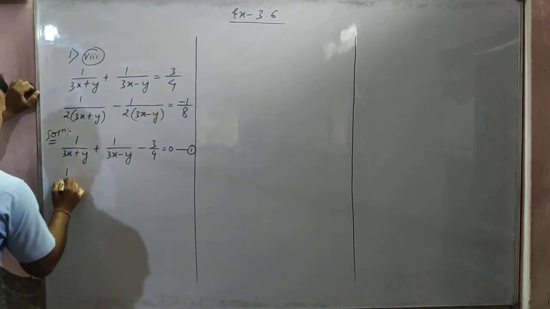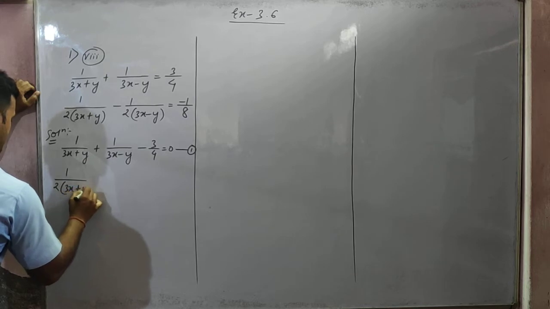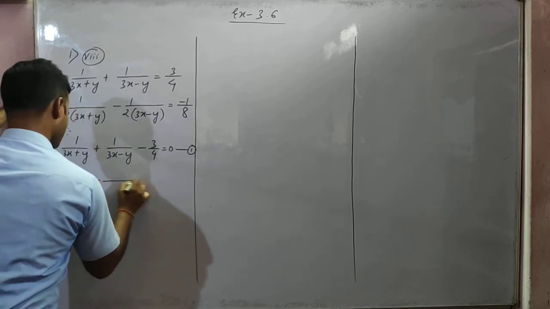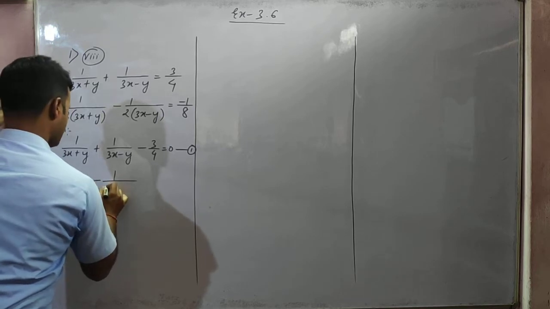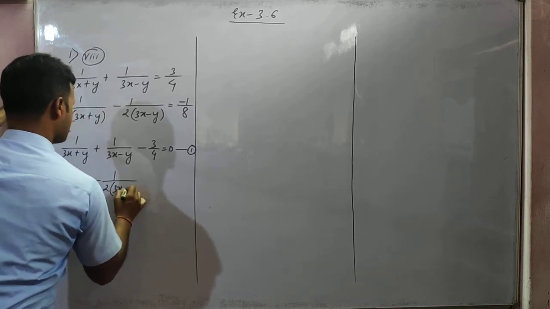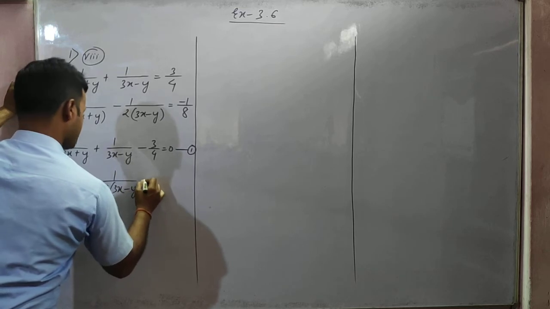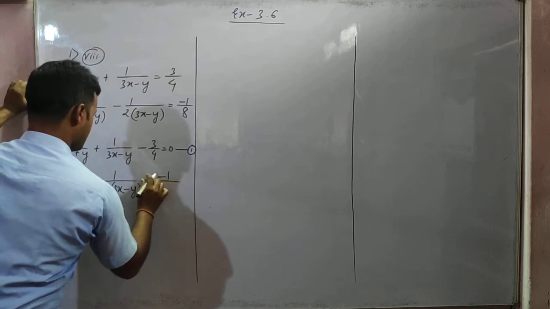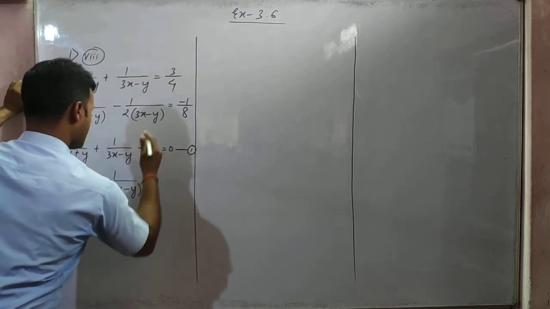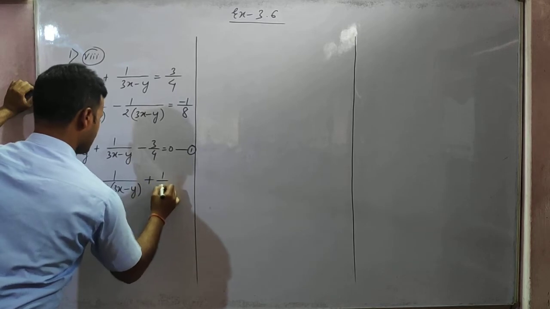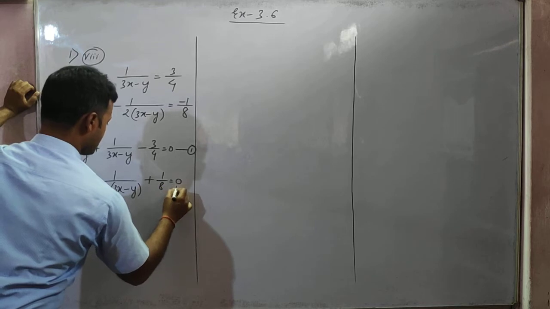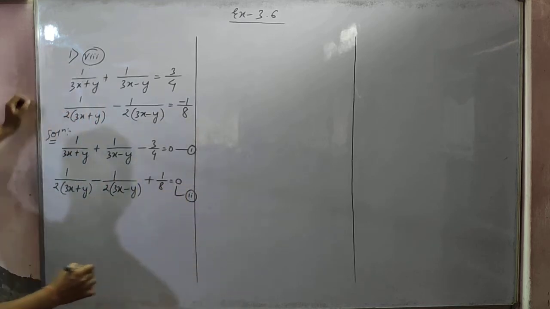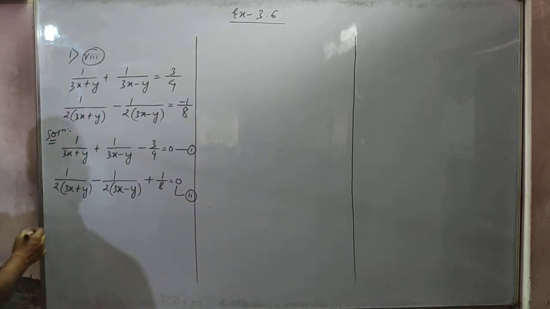And 1 by 2 into 3x plus y minus 1 by 2 into 3x minus y equal to minus 1 by 8, which we bring to the left hand side, will become plus 1 by 8 is equal to 0. Marking number 2.